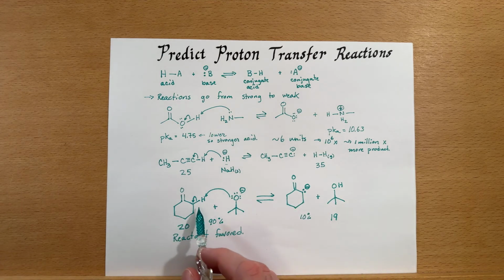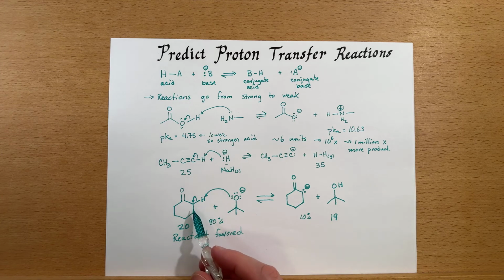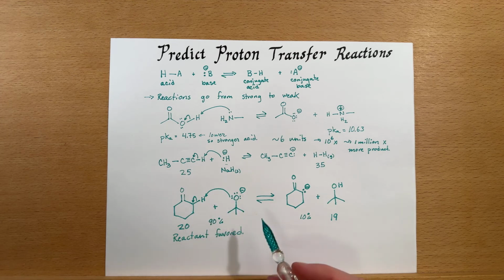Now, on this molecule, both sides of this ketone are the same, but if they were different and we could determine that one side would be easier for the proton to be abstracted, then it would preferentially choose that side versus the other side. And we may want that to happen.